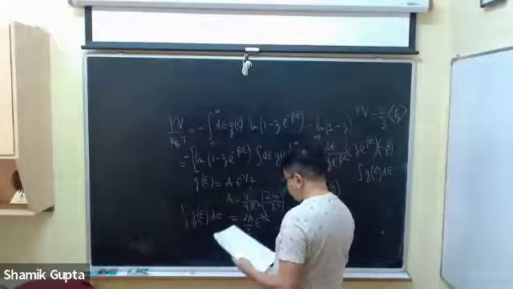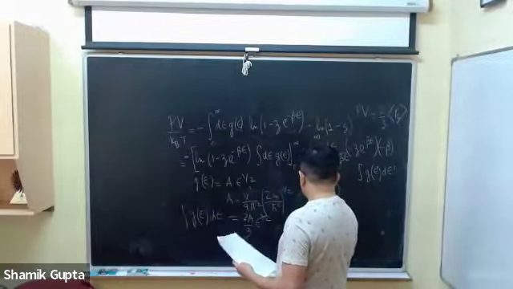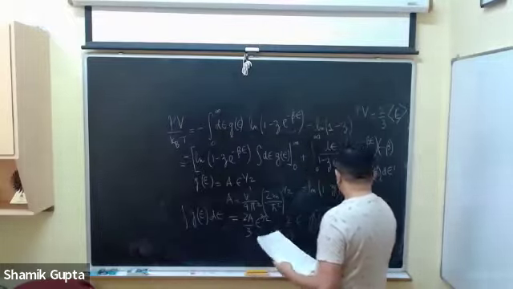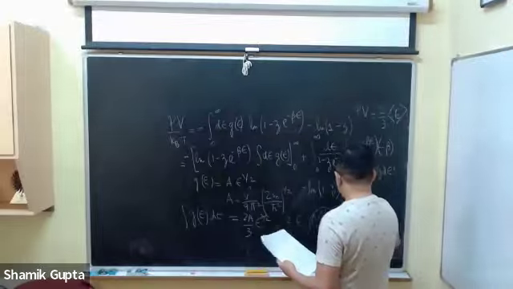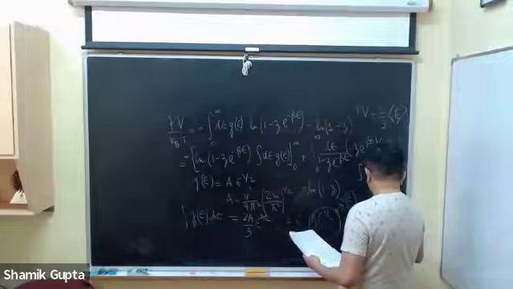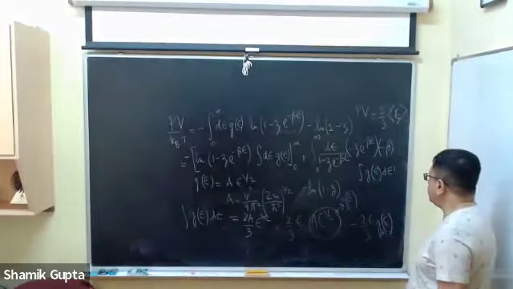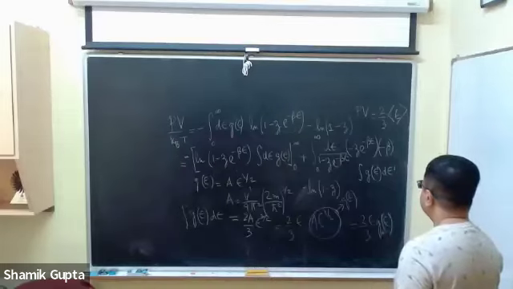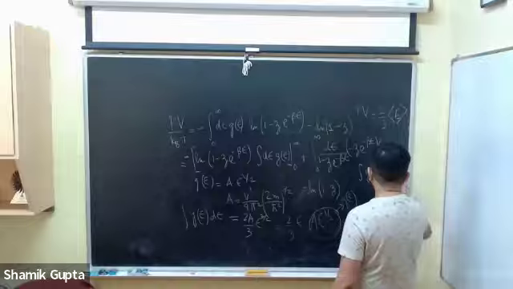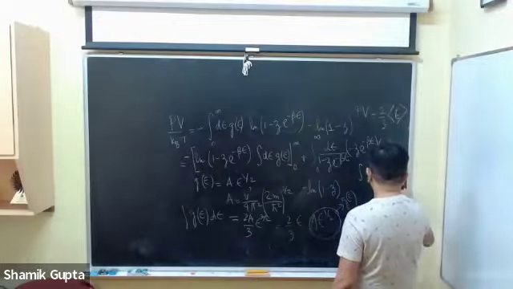What is this? This is nothing but 2 by 3 epsilon times A epsilon to the power half, and this itself is G epsilon. So you get 2 by 3 epsilon G epsilon.